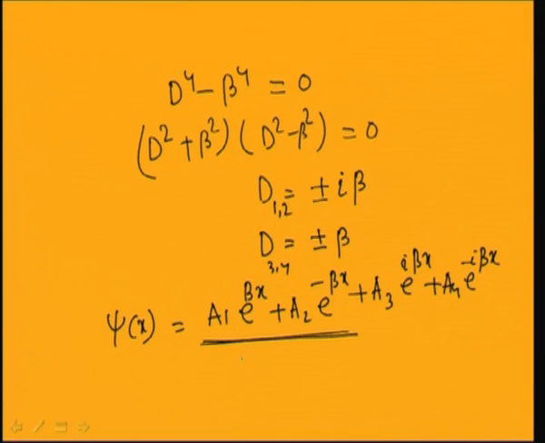So, these two terms reduce to hyperbolic functions, cos hyperbolic and sin hyperbolic, and these two terms reduce to harmonic terms, sin beta x and cos beta x.